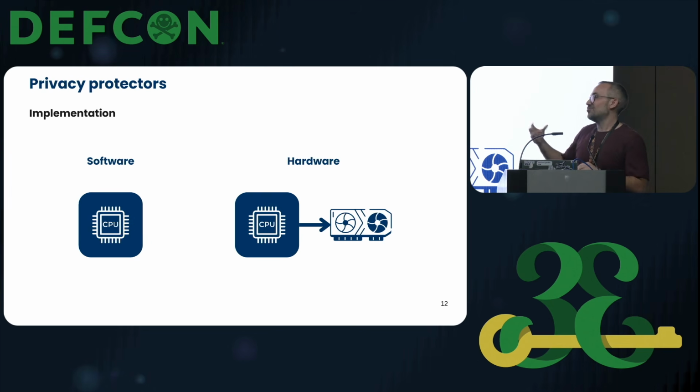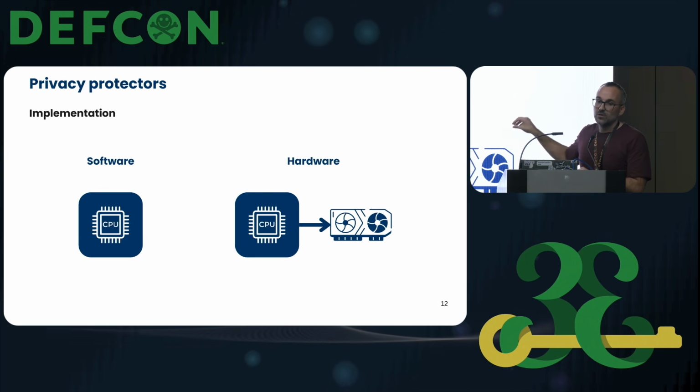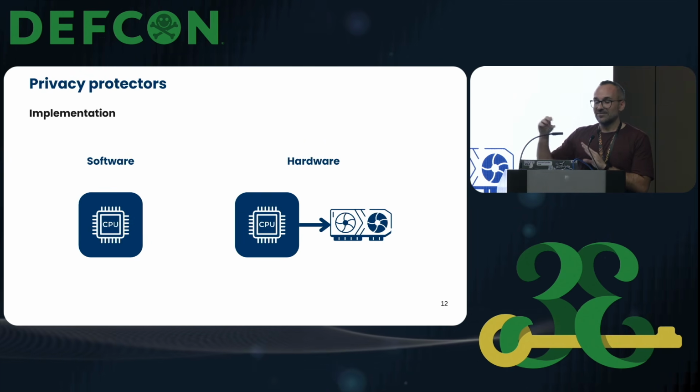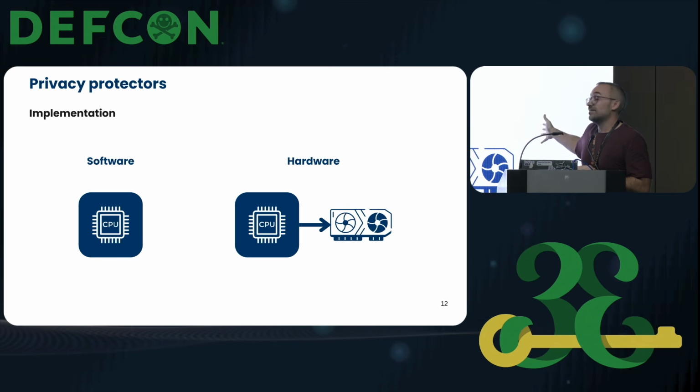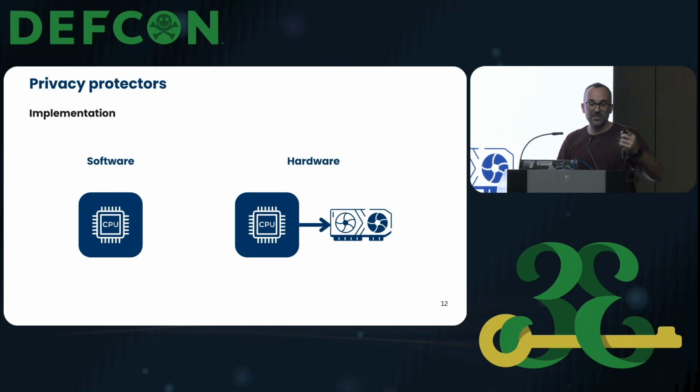It's the usual way in which we write the code in order to solve all the mathematical operations. When we are talking about hardware implementations, we are talking about using external hardware to compute the mathematical equations and the encryption or the decryption.